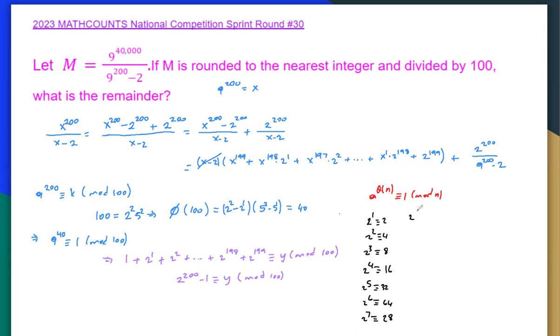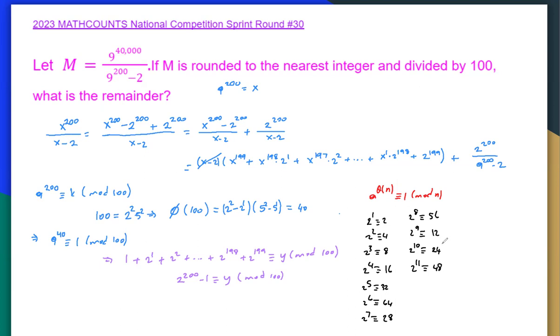Then the 8th power would be 56, and the 9th power would be 112, so we just take 12. If I keep doing this until I see a pattern, that will be 24, and then 2 to the 11 is going to be 48, right?